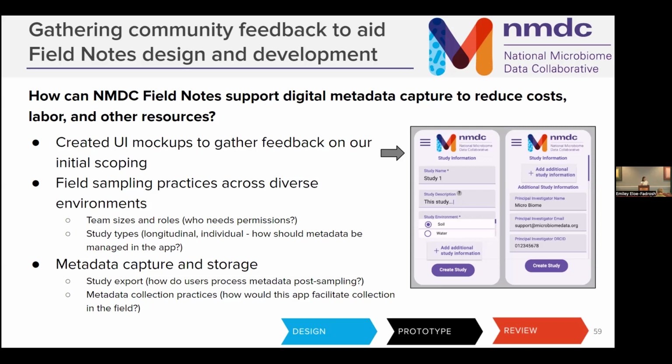We also wanted to know how users are actually capturing their metadata in the field right now. We found that it's typically just taking a table or a piece of paper or a notebook out to the field and writing it down. Then you have to digitize that later, and there's often a following QC step from another teammate. So it is a very complex process right now.